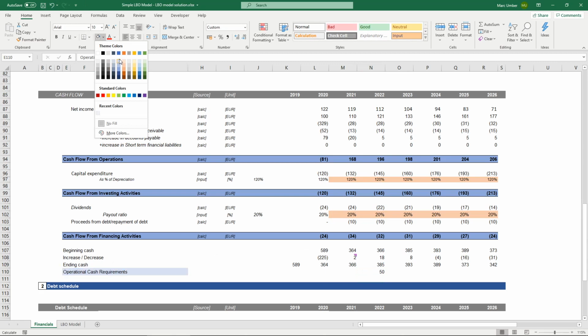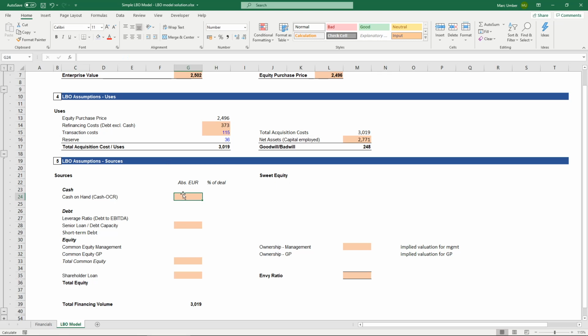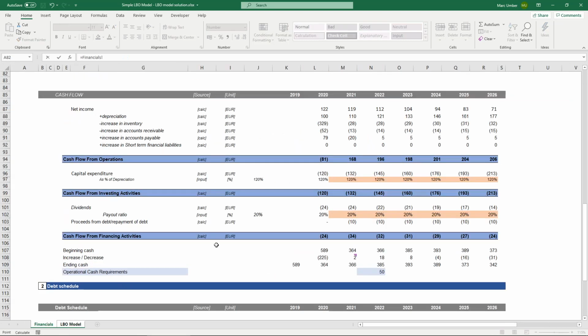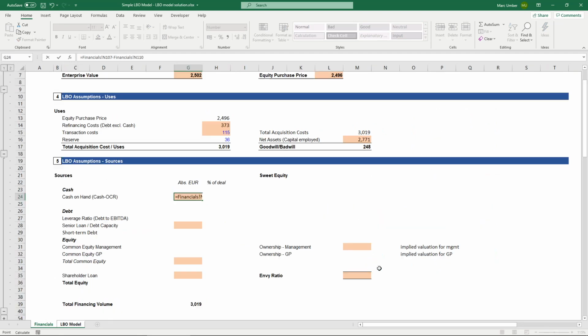Let's make this so we see that addition. This means that we can strip off the company 366 minus 50 million in cash, which is equal to 316.